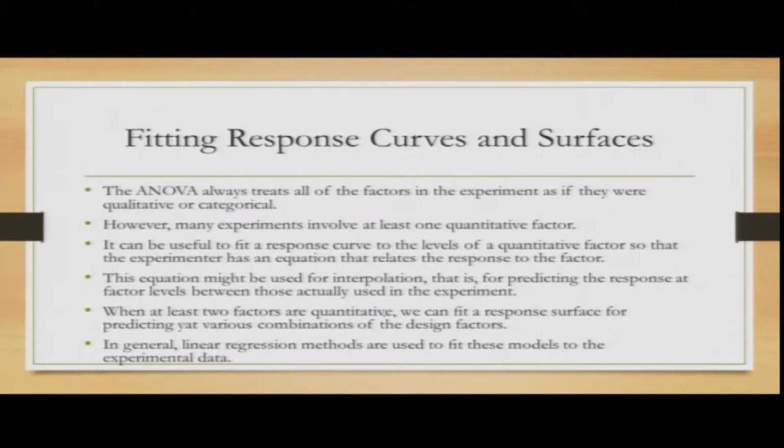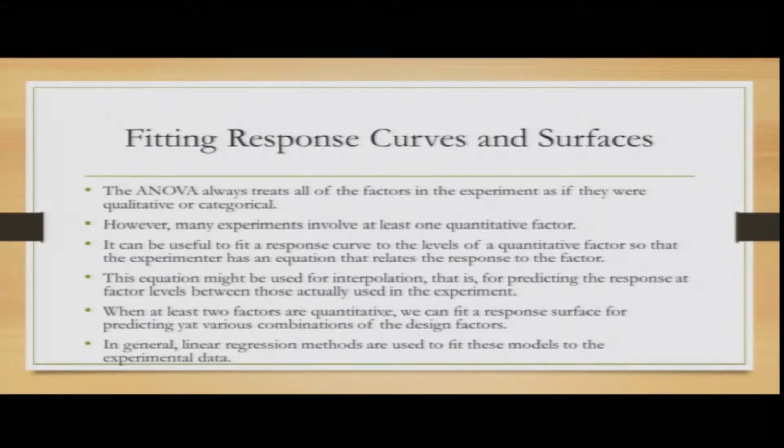These equations might be used for interpolation and better prediction, that is, for predicting the responses at the factor levels, such that we understand the effect and relationship of the factors to the maximum possible extent using quantitative equation modeling. So, let me read it.